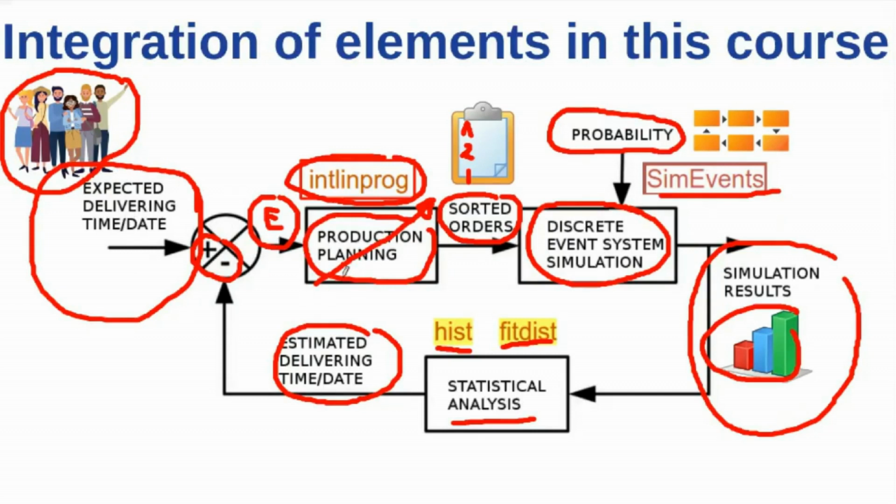So we need to rearrange the production planning in order to change the sorting of these orders, in order to change the simulation results, in order to shorten the estimated delivering date. That's the main idea. But we can have a problem also if this error is so high, not negative, it's positive, but a high value. It means that we can produce so fast.